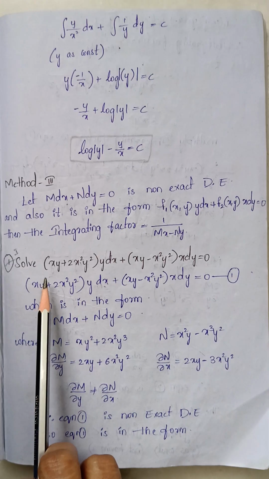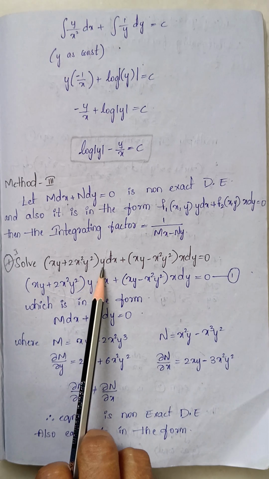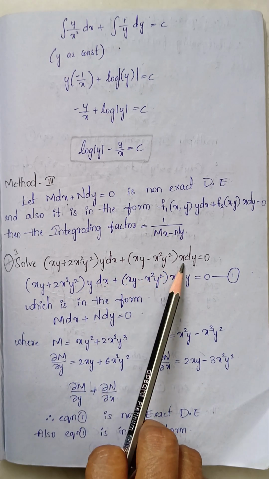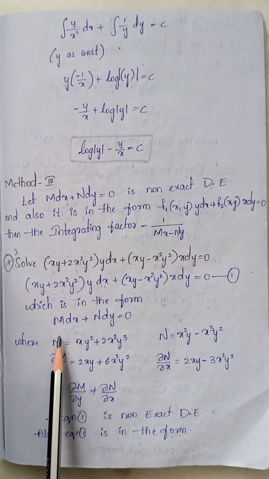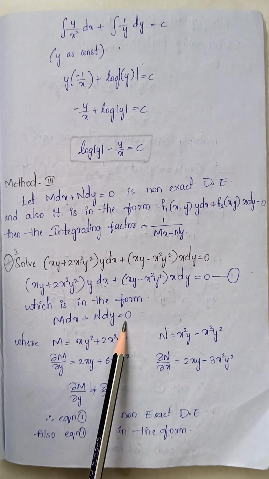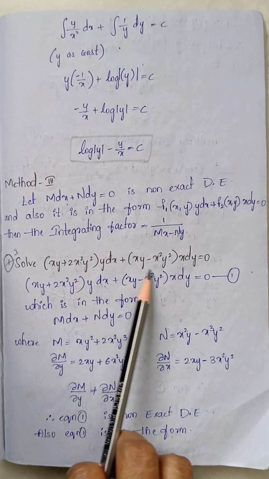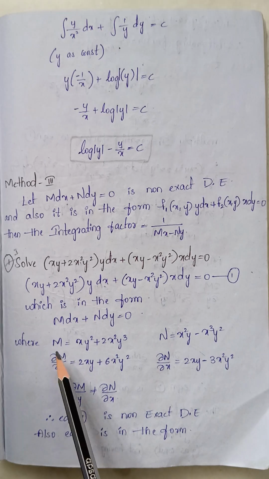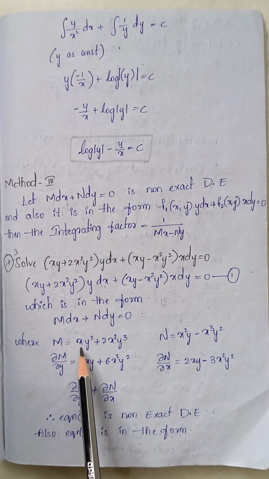Now let us see. This is some function into y dx plus another function into x dy equal to 0. First of all, make it as M dx + N dy = 0, where M is this total and N is this total. Now find ∂M/∂y.